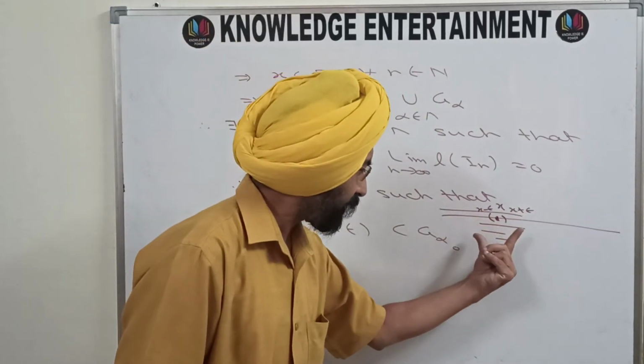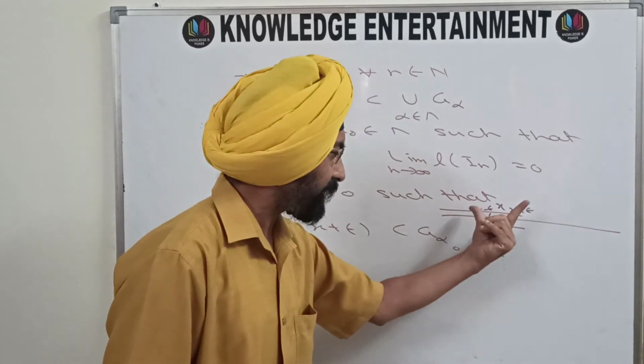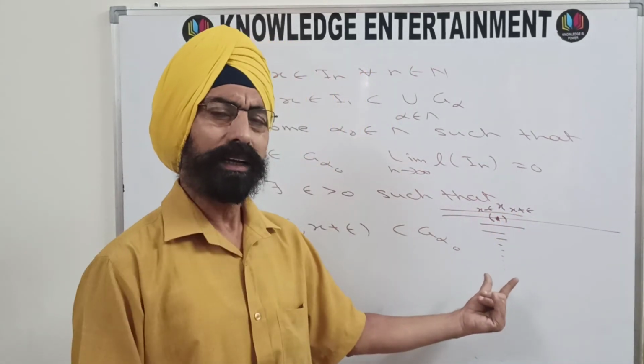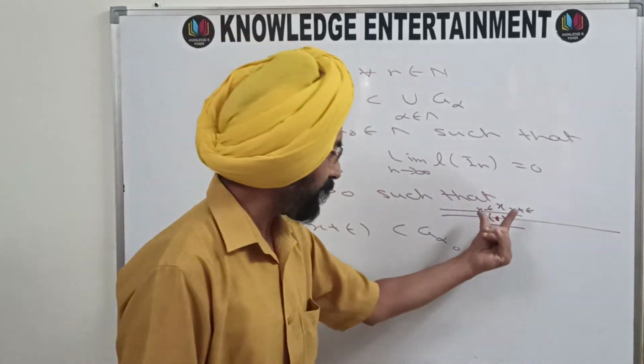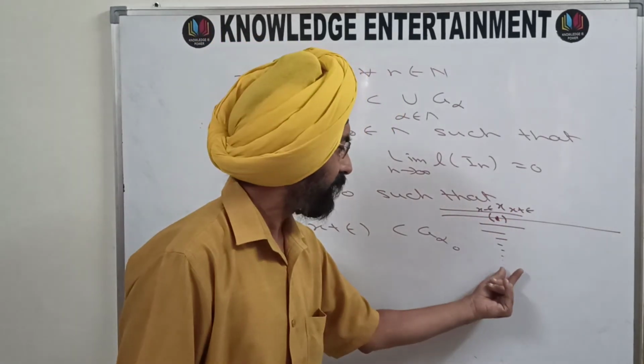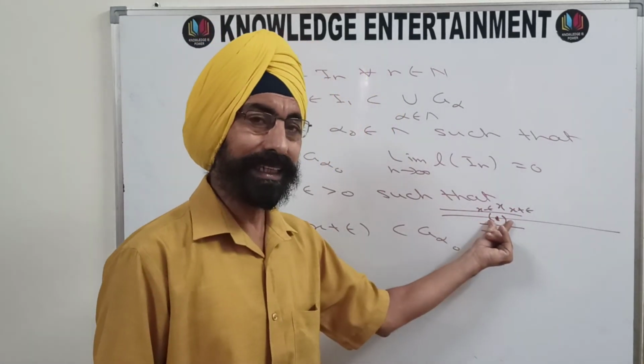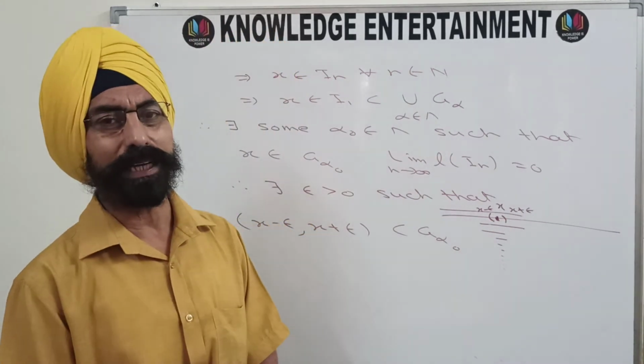And this In is continuously shrinking. So at some step, maybe after a large number of steps, there will be some interval In which will be contained in (x minus epsilon, x plus epsilon).